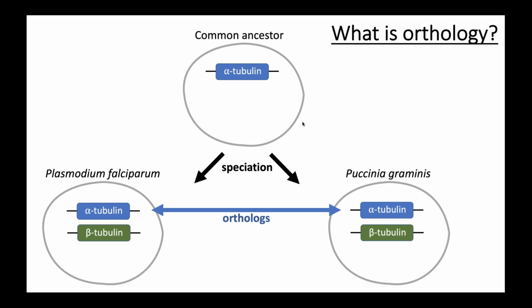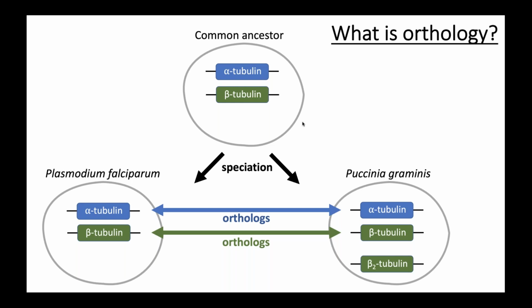Well, beta tubulin is present in these two species. It actually shares function, and those are also considered orthologs. And as you might suspect, there's a common ancestor that contained a version of beta tubulin. So the takeaway here is that orthologs are created through speciation.